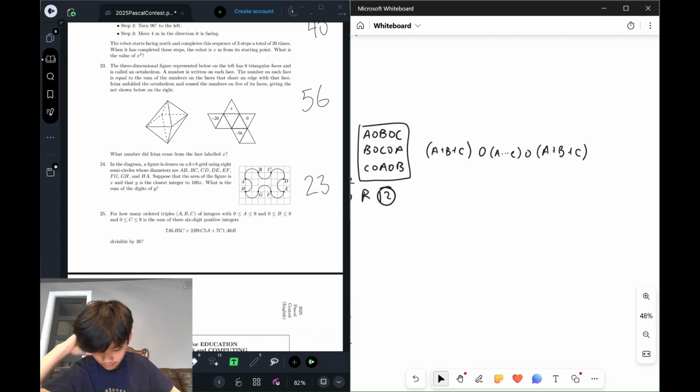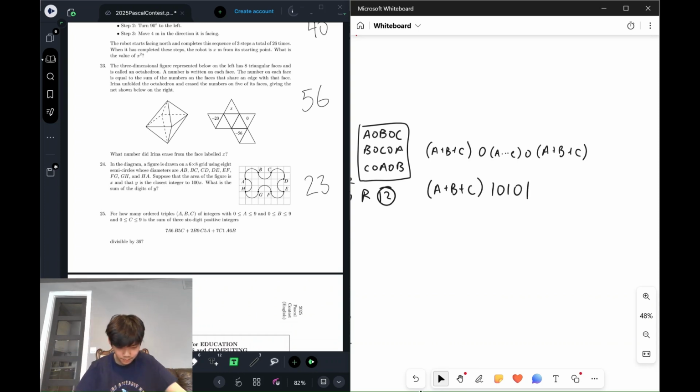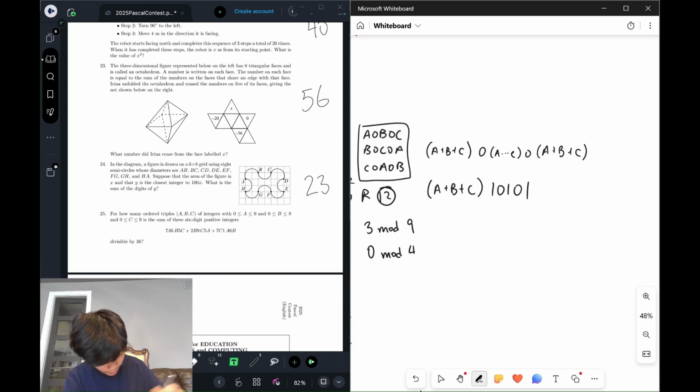We can factor out the number a plus b plus c, that times 10101. Now, this number needs to be 12 mod 36. Now we can use the Chinese remainder theorem to split this into 9 and 4. So this needs to be 3 mod 9 and 0 mod 4.